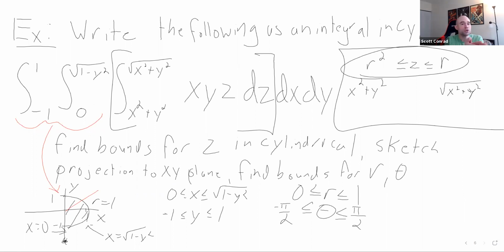Right, remember, you want to have a continuous interval for theta going counterclockwise. So figure out where you start and then go counterclockwise to where you end, right? So if you wanted to call this guy 3 pi over 2 down here, you'd have to be increasing theta until you hit the top, which would be 5 pi over 2. It's easiest just to do negative pi over 2 to pi over 2.